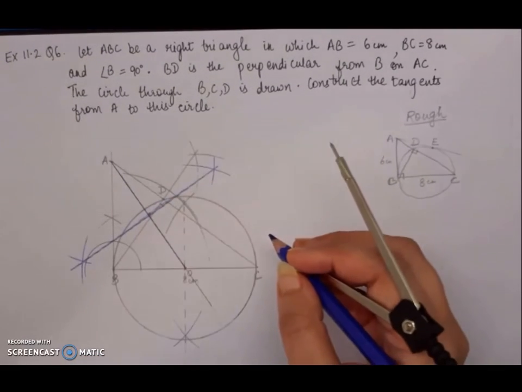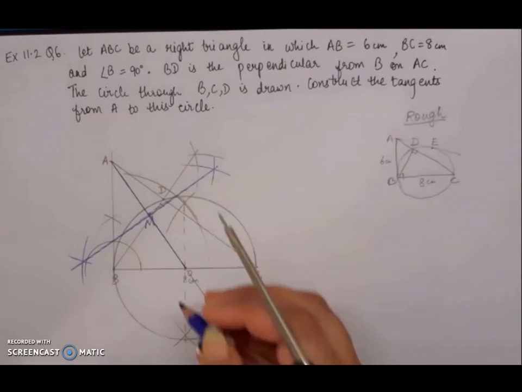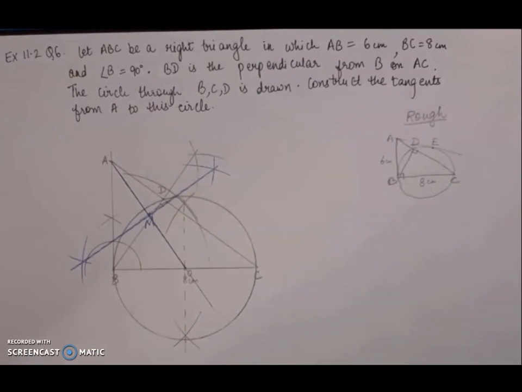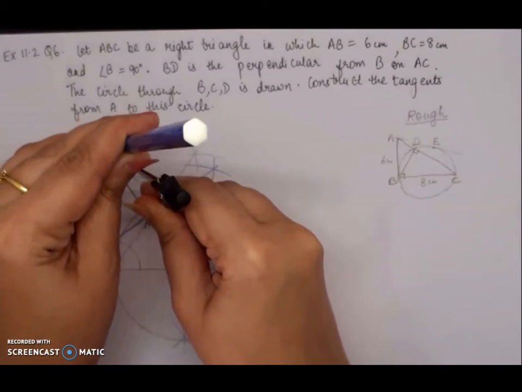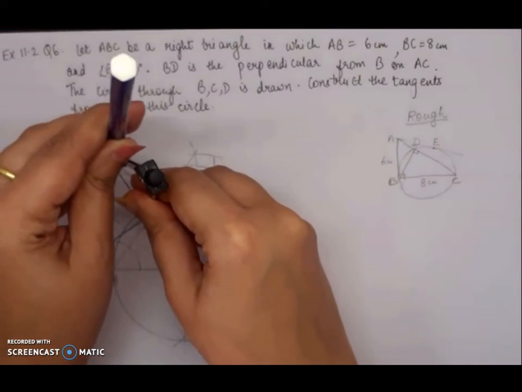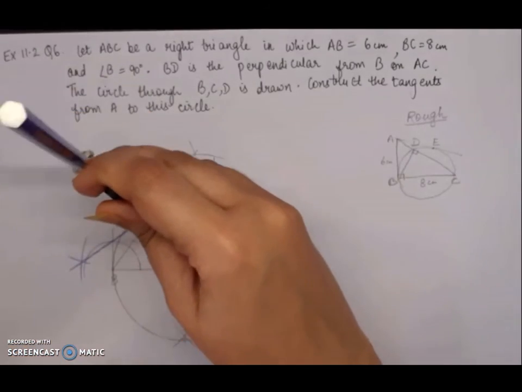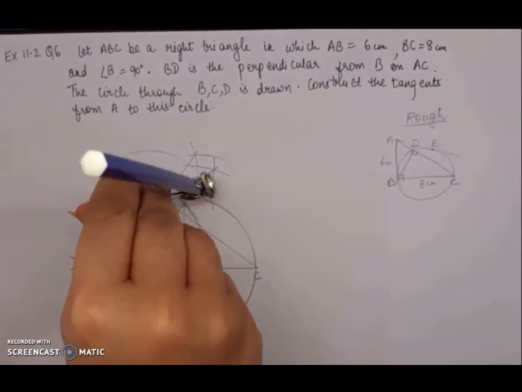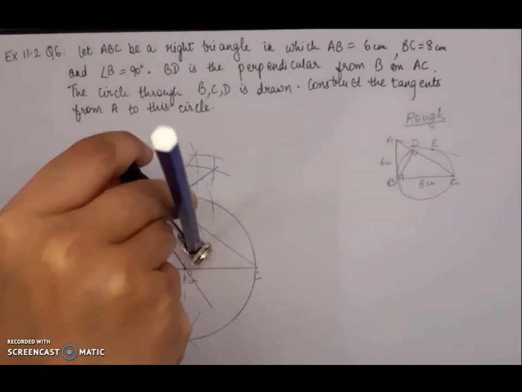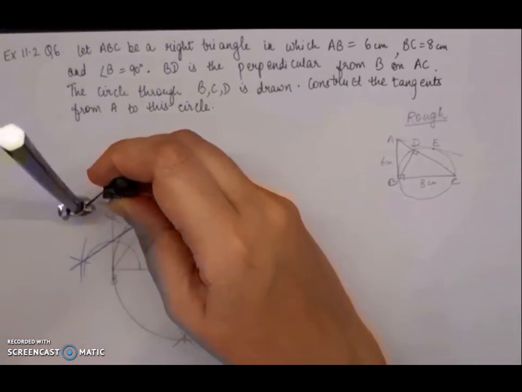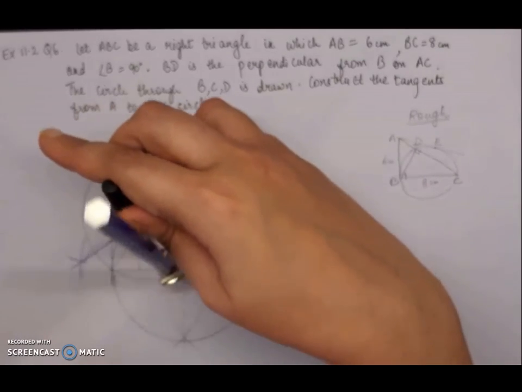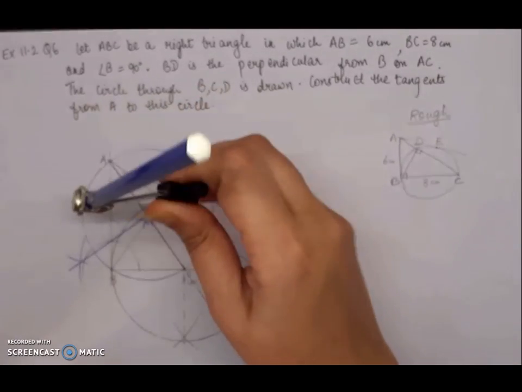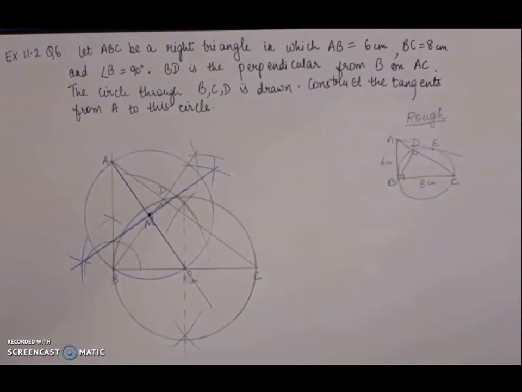The midpoint will be marked as M. So if we take M as the center and AM as the radius and draw a circle, we will get the point of contact of the tangents on the required circle. So one of the points you will observe is the point B itself. So AB will be one of the tangents, which is also the side of the triangle.